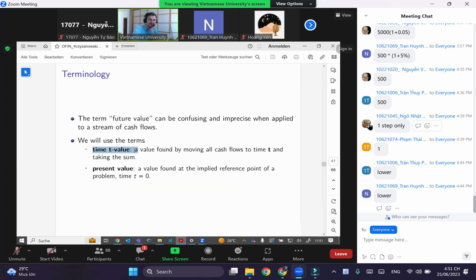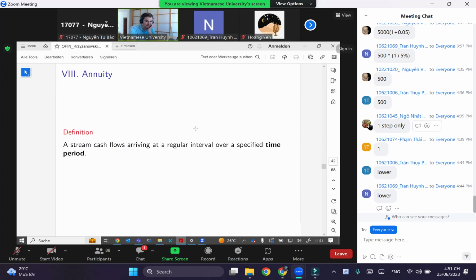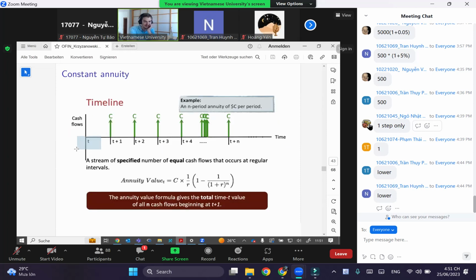here as the time t value, a value found by moving all cash flows to time t and taking the sum? So what if I asked you to calculate the time t value of this constant annuity, which has the constant payments c in period t plus 1, t plus 2, t plus 3, t plus 4, and so forth until t plus n?